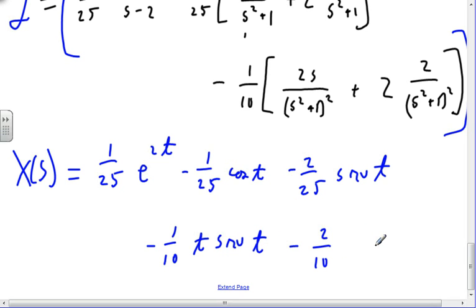Number 20. This is number 20. 2 over 5ths, I'm going to have sine t minus t cosine t.